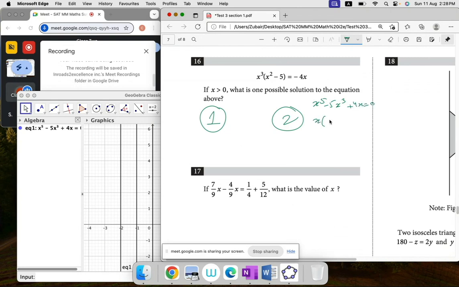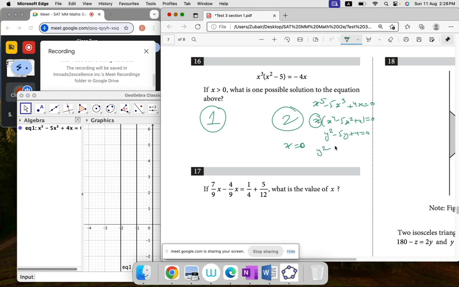We take out x common. We are left with x4 minus 5x square plus 4 is equals to 0. So first of which is x is equal to 0, but x is greater than 0. So we'll have to work out with the remaining. I'm writing it as y square minus 5y plus 4 is equals to 0.